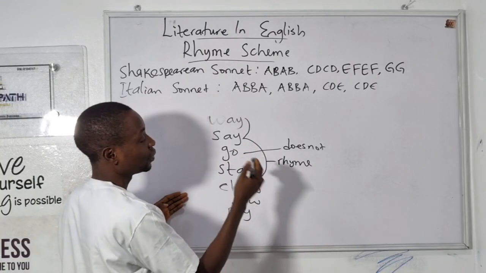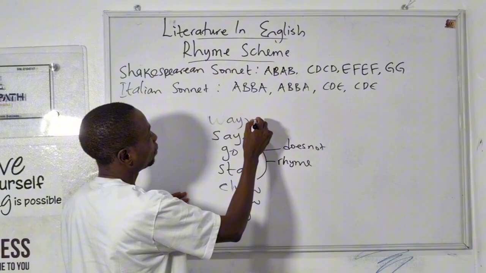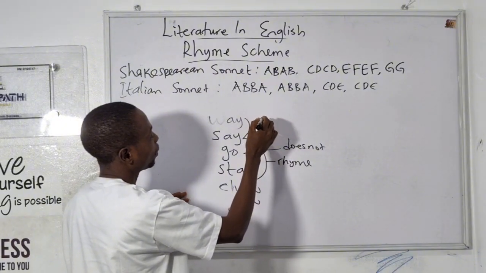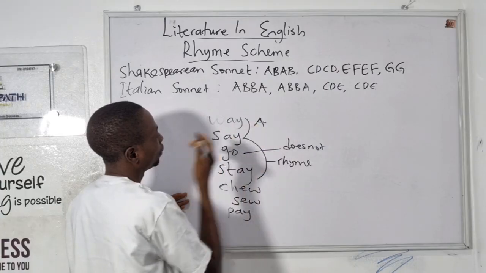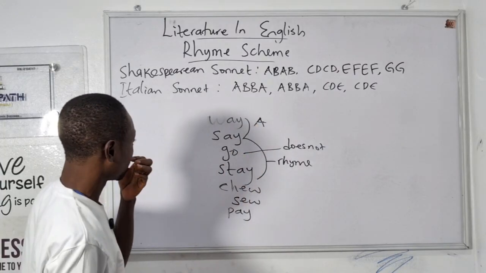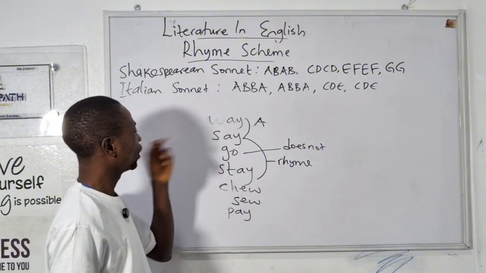If you are reading a poem and the poem has a rhyme, the first rhyme you see, the first vowel sound, you name it A. You name it what? A. This is way. This is say.